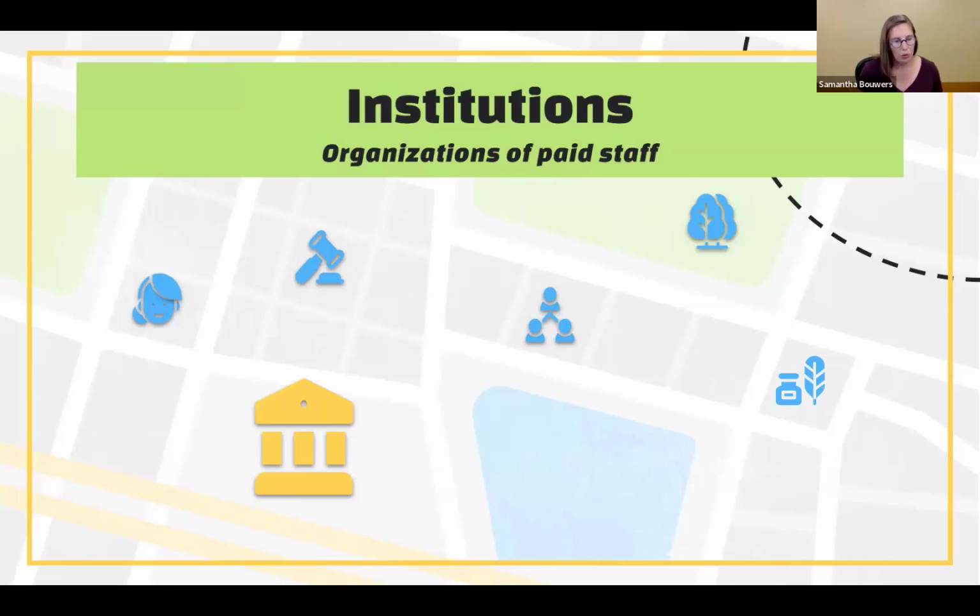I'm thinking here of schools, if you have them, colleges, hospital, childcare center. They make money and they pay staff, unlike, say, an association, which is usually voluntary and unpaid, but they're not necessarily a business here. So your library would go on this list as well as an institution.